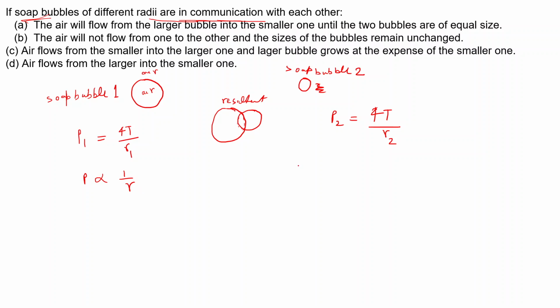Whereas if the radius is smaller, the excess pressure will be more. So what will be the net excess pressure for this kind of situation? For this shape of bubble, the surface tension will be the same, only the radius of this shape has changed.